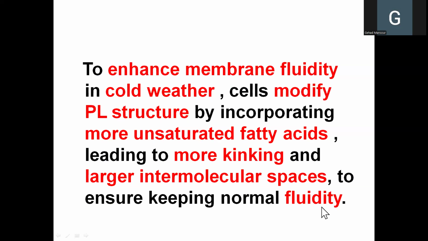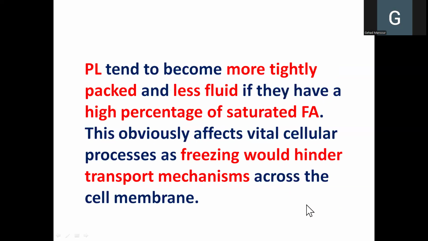So the solution when the cell membrane is exposed to cold weather is that it has to find a way to convert some of its saturated linear fatty acids into unsaturated kinked fatty acids to increase the spaces in between them and increase their fluidity.